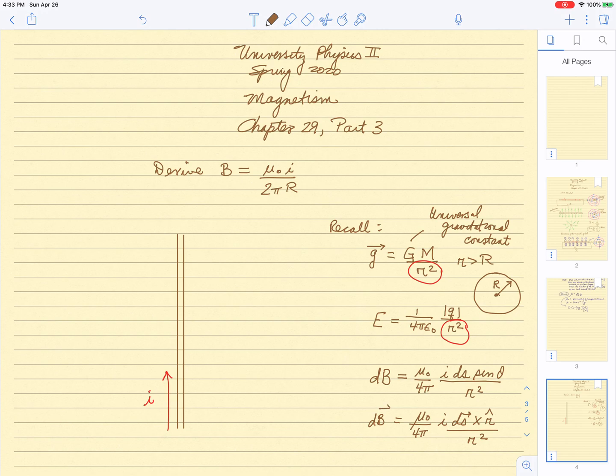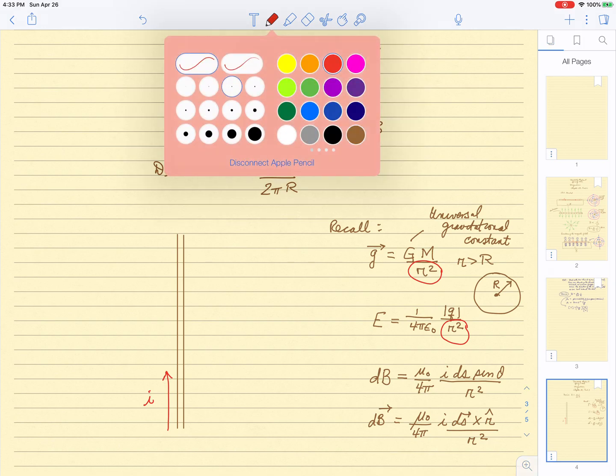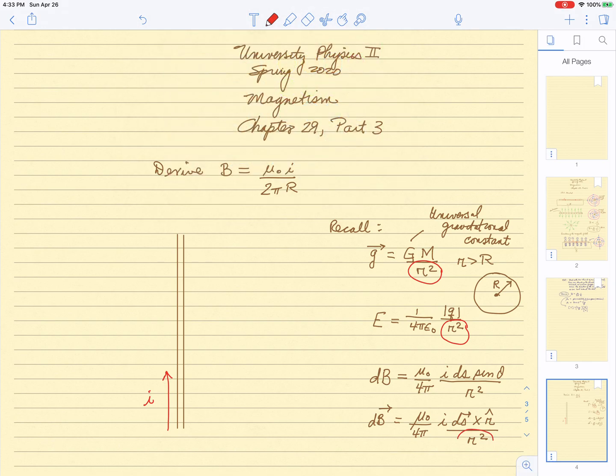Okay, and this time this is a vector equation. So we're anticipating that this R squared behavior is, again, prolific in physics.